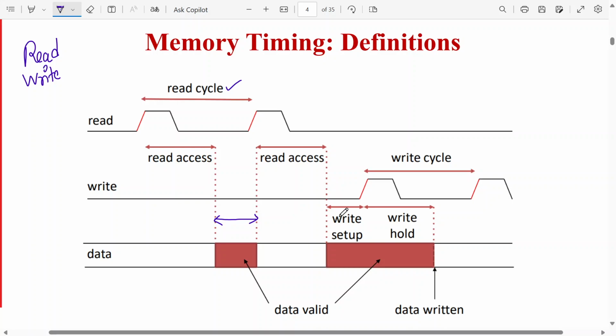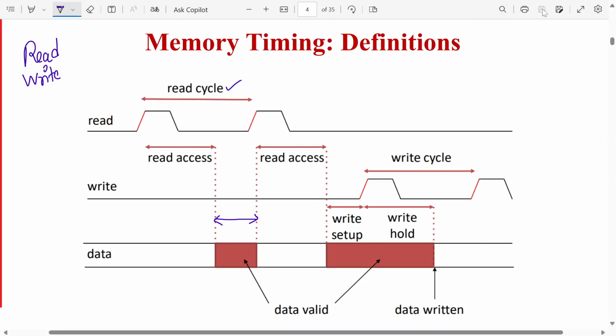The write setup prepares the memory to write into it, and then the write hold. Whenever the write hold is over, then the data is actually written into the memory. So these are some of the timing definitions of read and write cycles of the memory.